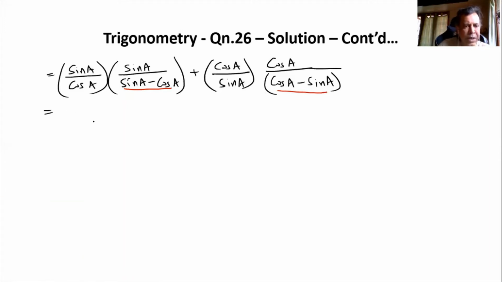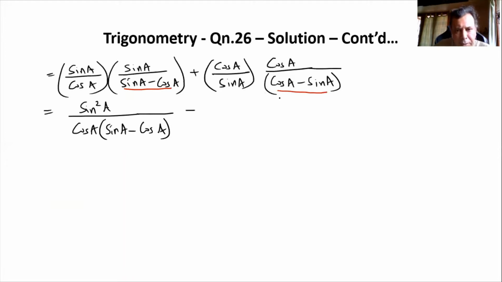So here the numerator will become sine square A divided by cos A into sine A minus cos A, and since we are taking out the negative sign, instead of plus I am putting minus.